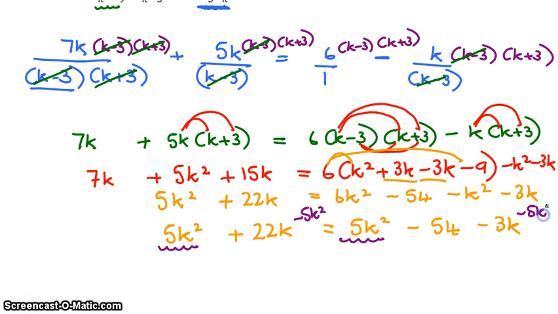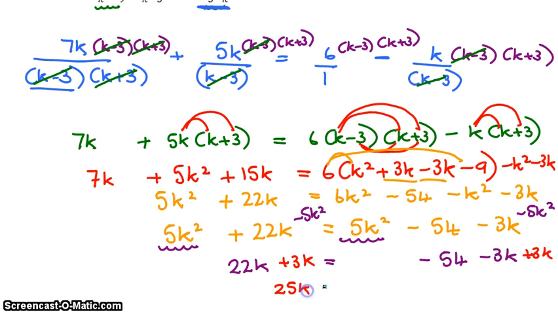Oh, sorry, no, I just said that would disappear, so that's clearly not there. So k's to one side, plus 3k to both sides, and I'm left with 25k equals negative 54, and I'm going to divide by 25 on both sides.